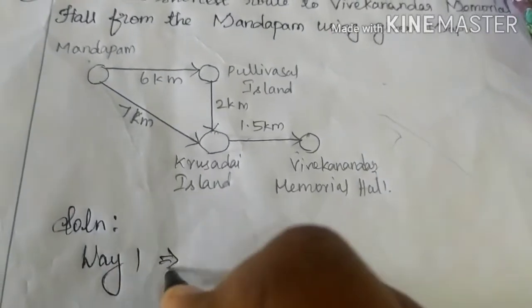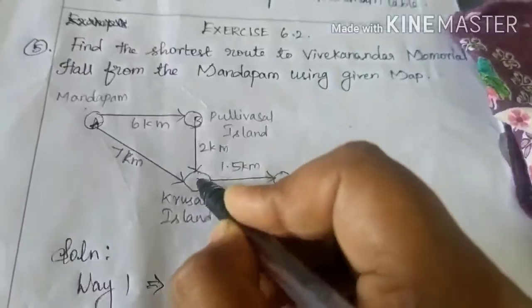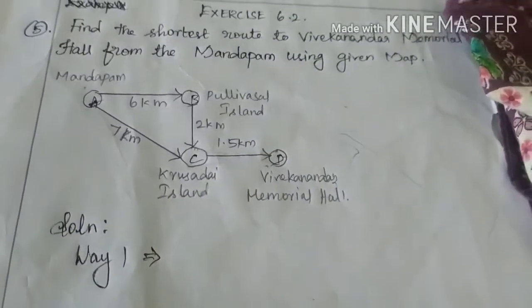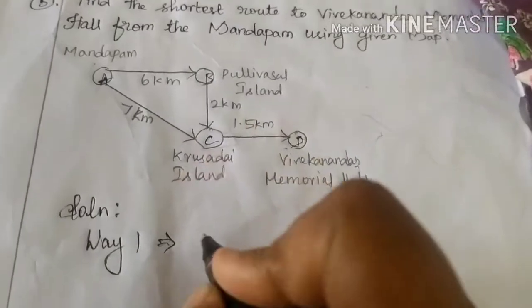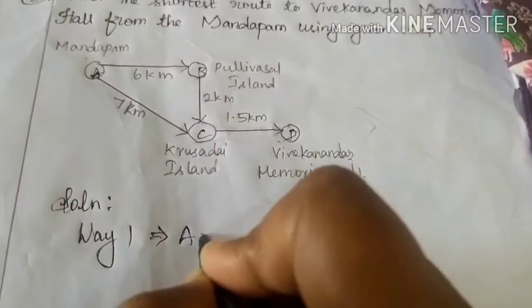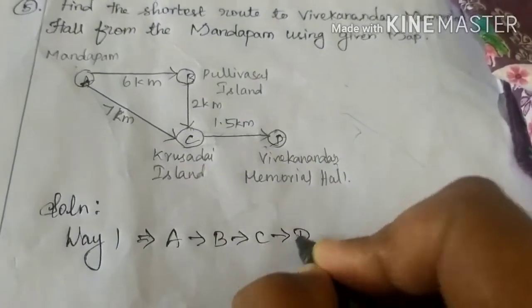Just for your notification I will give the alphabets. Mandapam is A, B, C, D. Now A, B, C, D is route 1.